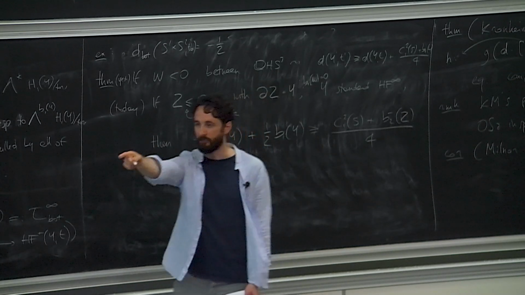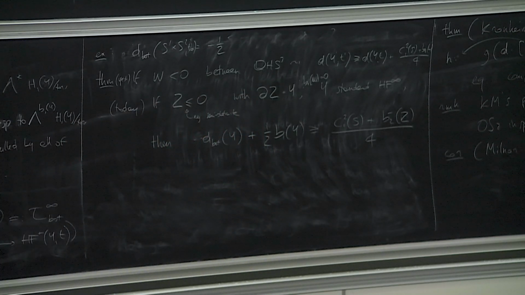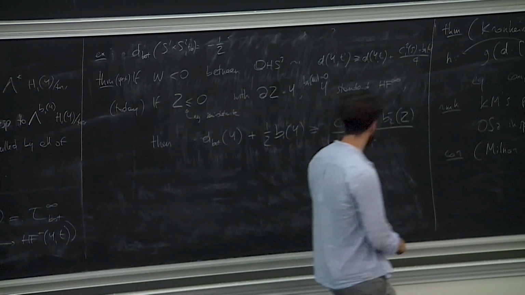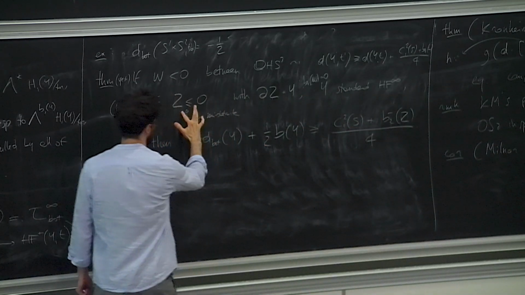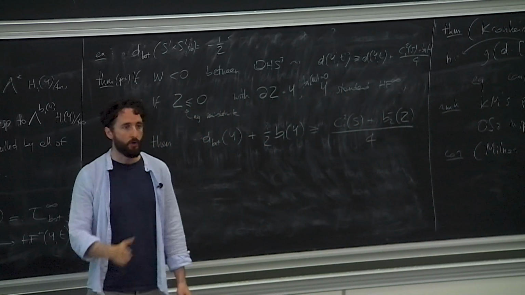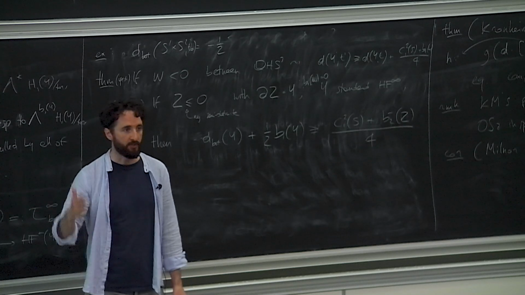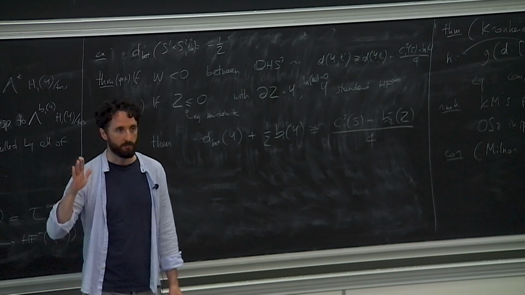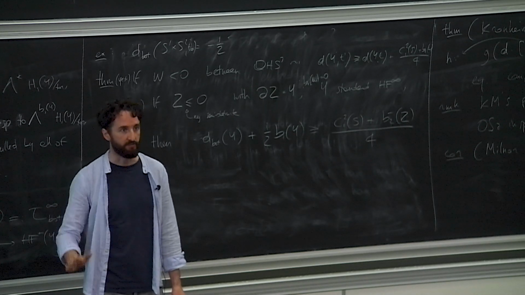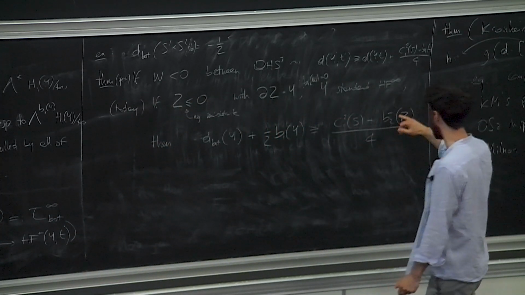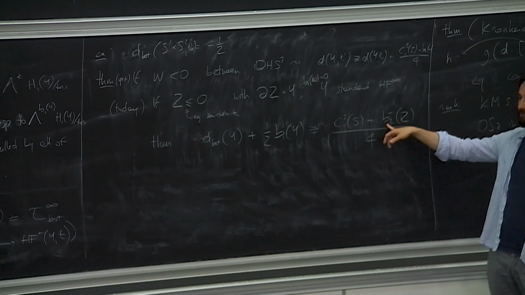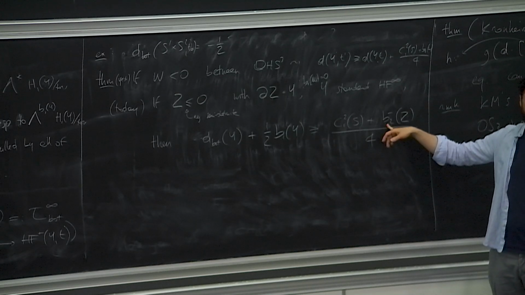Just to be on the same page, negative semi-definite means that there are no classes of positive self-intersection. English positive, not French positive. And when I say b2 minus of Z, I can think about it in many different ways.